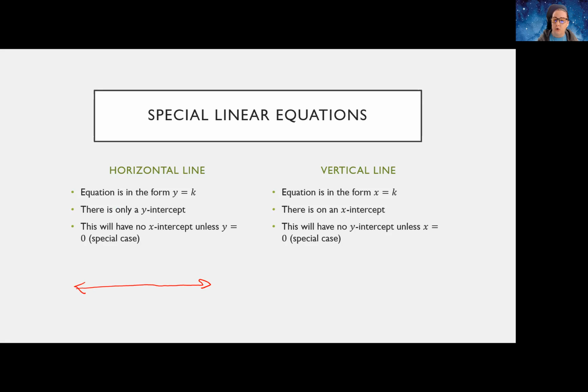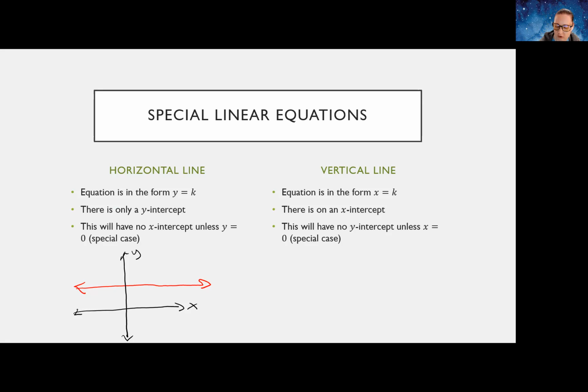Your equation is of the form y equals a number, because when you graph it, it's only going through the y-axis, so there's only a y-intercept. There is a special case if it goes exactly on your horizontal axis, where you have infinite x-intercepts, but otherwise there's only a y-intercept; it doesn't cross the x.